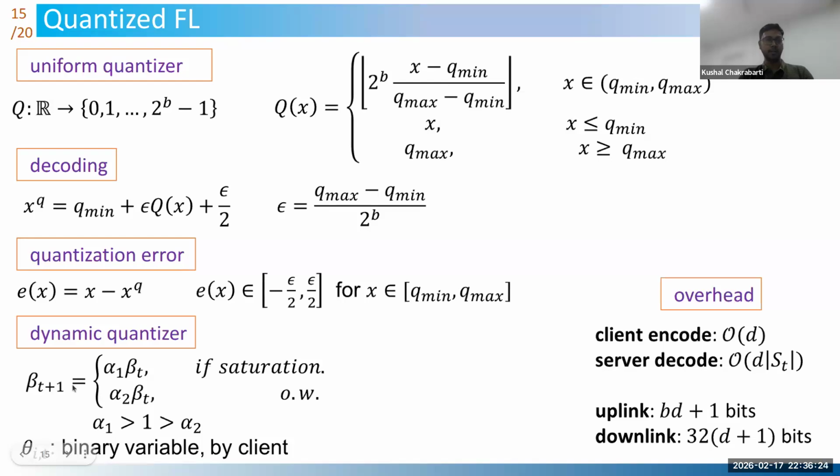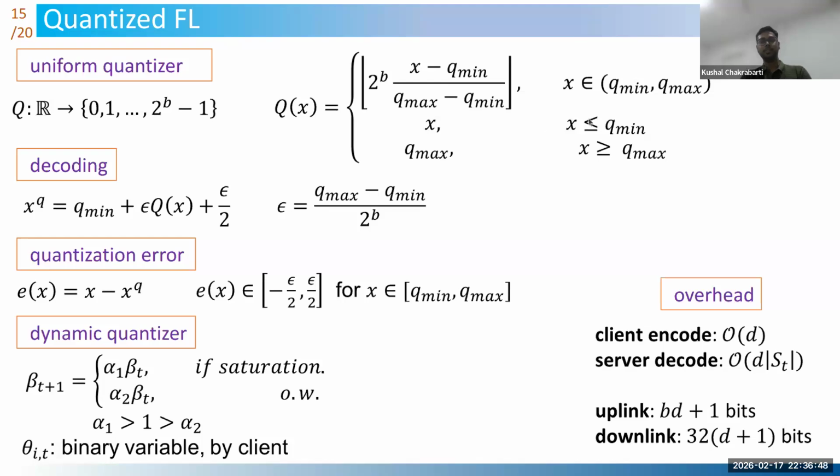So how do I do this update? One very simple way is this: at time t, you have some beta t. The update of beta t is done at the server end based on two conditions. One is whether any client at the current time t has saturation.